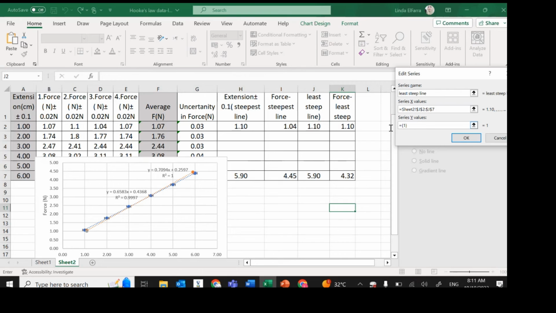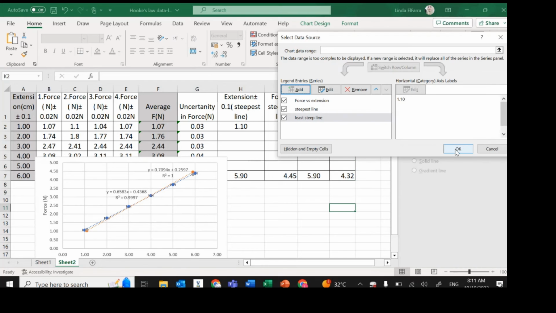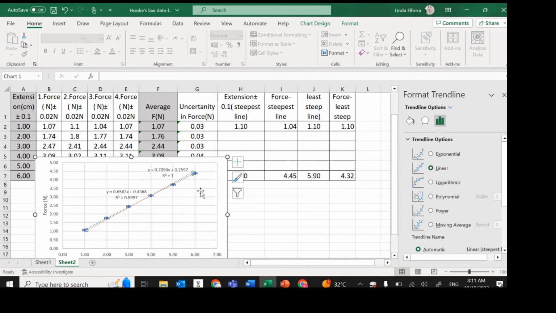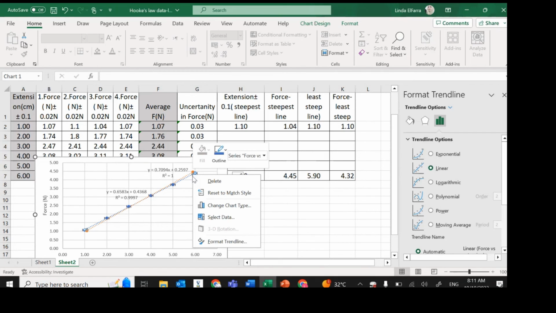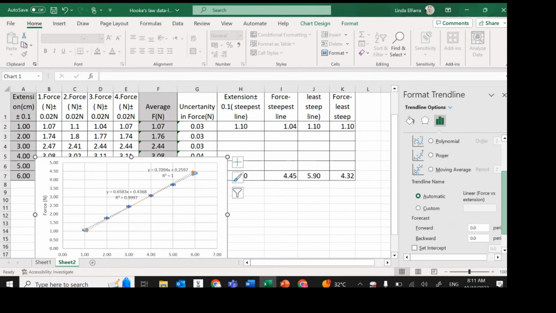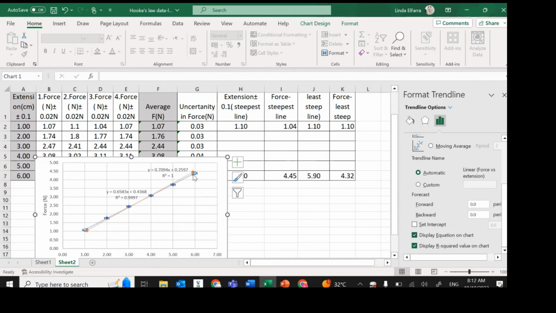And y value, it will be this one. Okay. Same thing, right click on this point, gray point, and add a trend line. So I'm going to select this point.